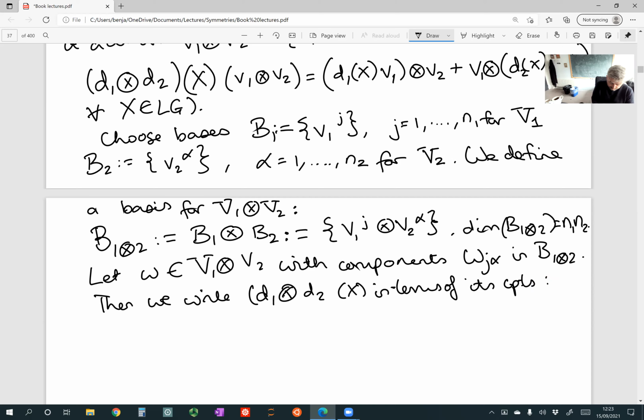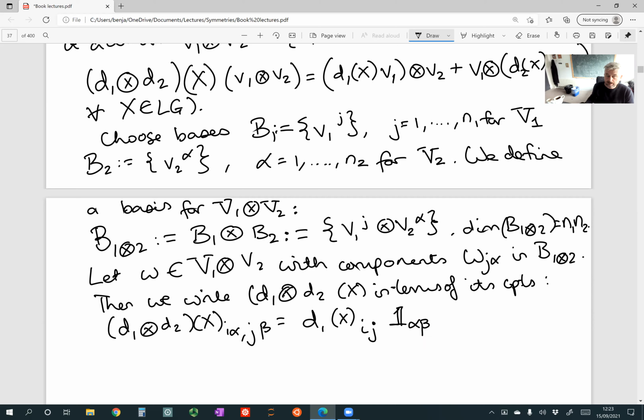So D1 tensor D2 of x, the component in the direction i alpha, j beta, is equal to D1 of x: we take the ij-th entry of that representation, and we take the alpha beta element of the identity matrix, and we add this to the ij-th element of the identity matrix and take the alpha beta element of the second representation.